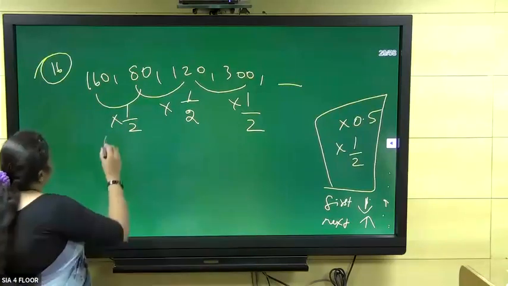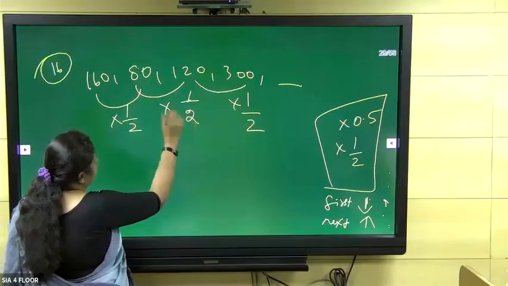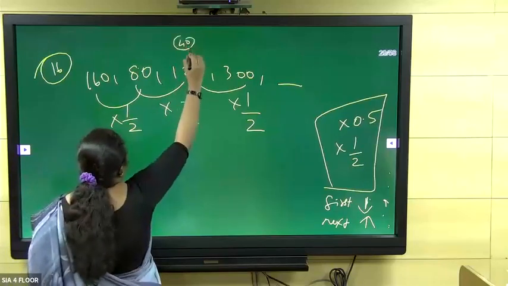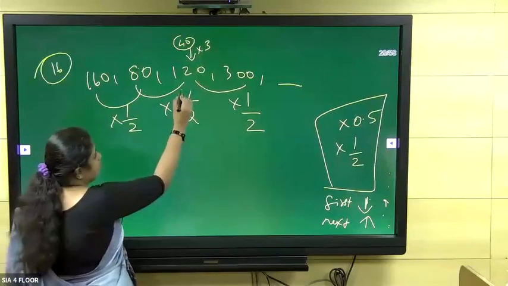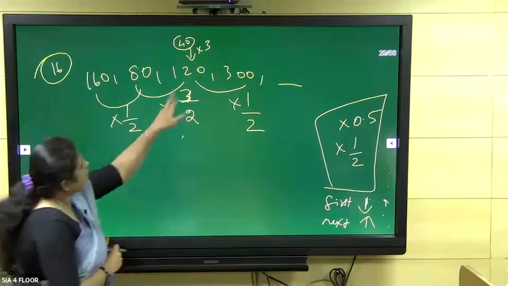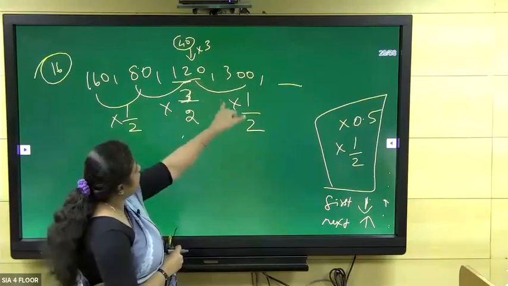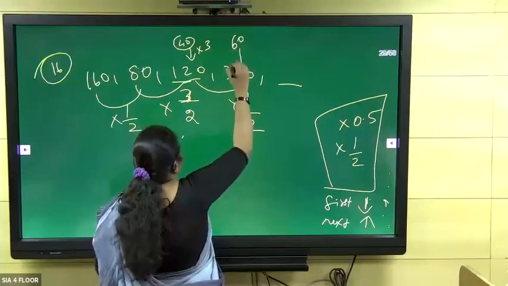So this is exactly 1 by 2, and here 80 into 1 by 2. You're making it half, it becomes 40, but we need 120. So what should be done? Into 3. So this is not 1 by 2, it is 3 by 2. In the same way, this is 120 here, and you're making it half, so it becomes 60, but we need 300.